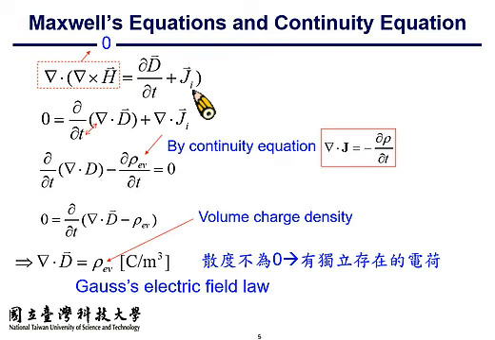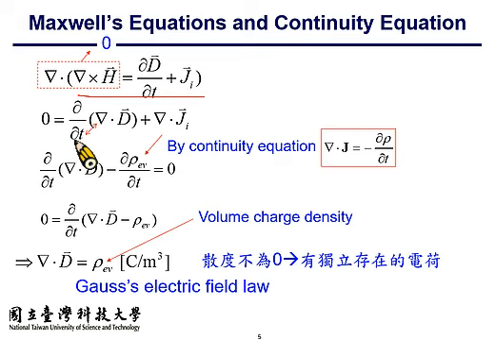As you can see here, we have the Ampere-Maxwell law in the small parenthesis. You take the divergence on both sides. Again, the left hand side, the divergence of the curl of H, goes to 0. So the right hand side goes to 0 as well. Again, we interchange the order of differentiation.